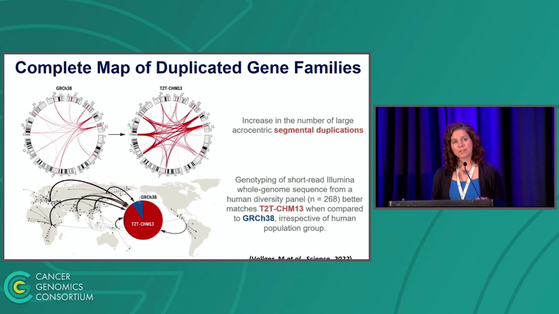And when we start genotyping individuals from the Simons Diversity Project, going close to 300 short read datasets, what we found is that the copy number estimates for each one of these segmental duplications were more similar to what we were observing in CHM13 than in HG38. So this is not that CHM13 better represents cell lines of European ancestry. This is that CHM13 better represents humans in terms of segmental duplication, using all of the data that we've had available to us using short reads.